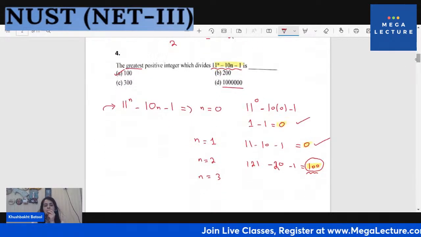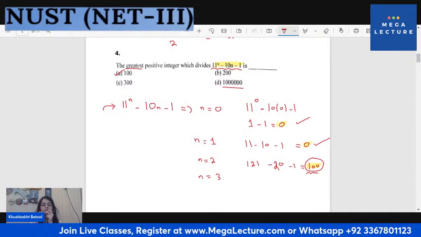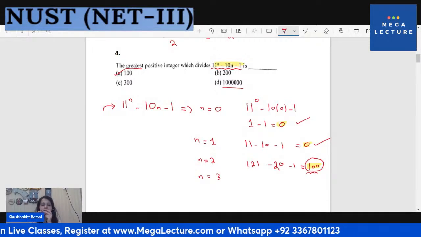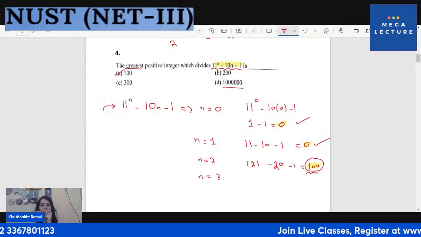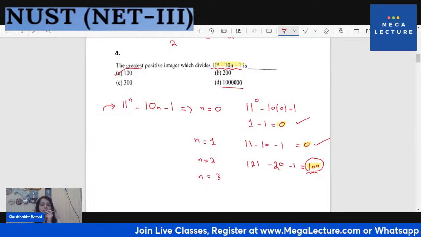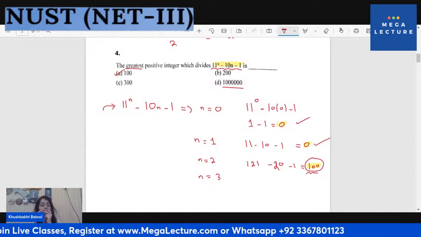For the fourth one, it was very interesting. It said the greatest positive integer which divides 11 power n minus 10n minus 11 is what? Now, you need to think about a number that would work for all the scenarios. If n is 0, you would get 0. If n is 1, you would get 0. If n is 2, you would get 100.